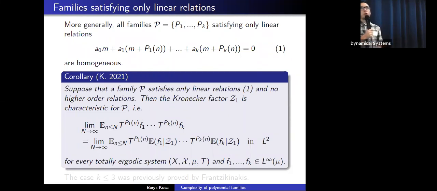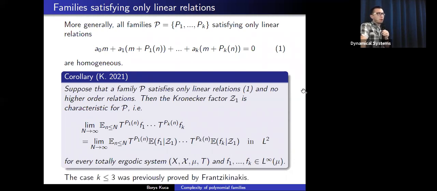And let me recall once again what this means. This means that the L2 limit of the first average over there equals the L2 limit of the second average given below. And this works for every totally ergodic system and every L infinity function. In fact, in this case, this actually works for every ergodic system, but I wanted to be consistent in the notation, which is why I only wrote totally ergodic.